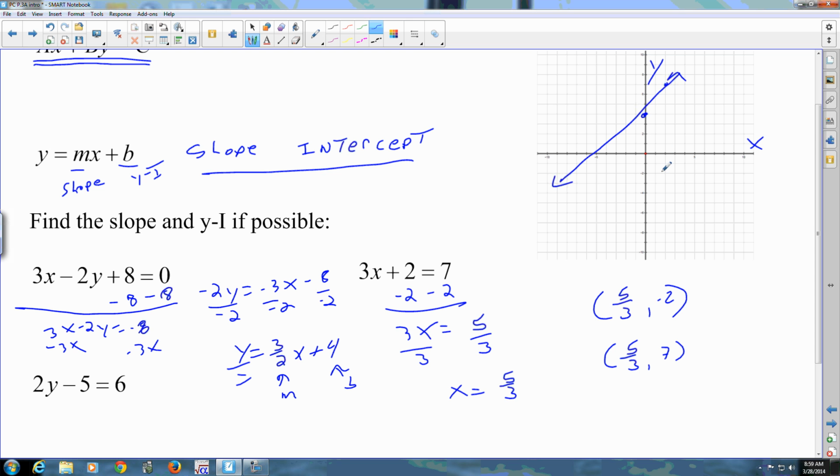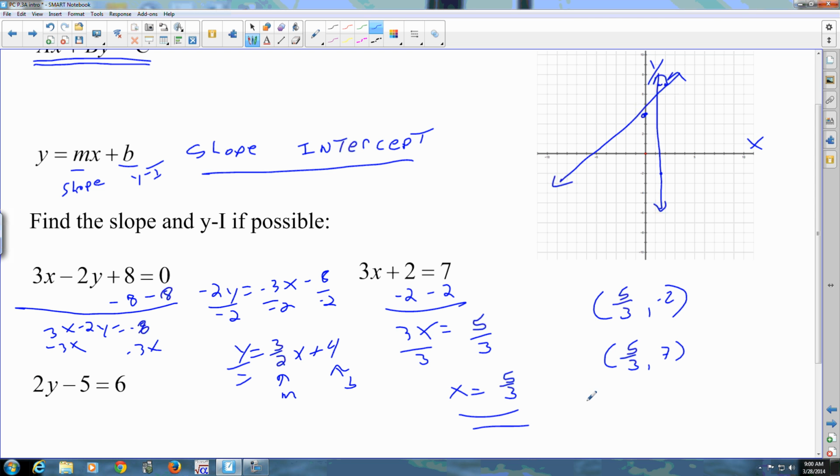X is negative 2, 5/3 and 7. What kind of line you got? You got yourself a vertical line. All lines that only have an x only cross the x. That's one way that you can remember it.